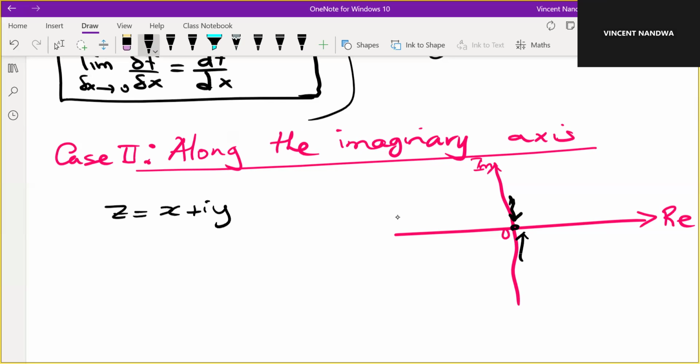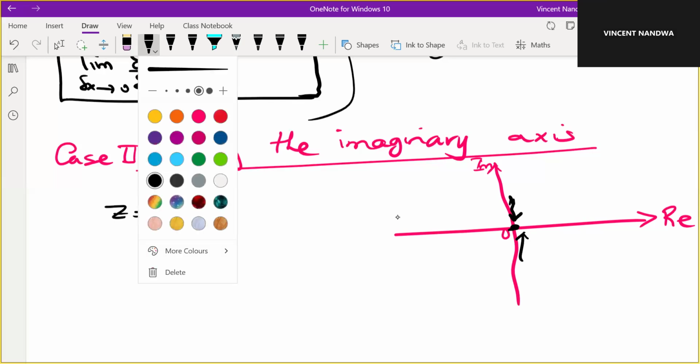what is a common trend about all values on the imaginary axis? What happens to x and what happens to y on the imaginary axis?